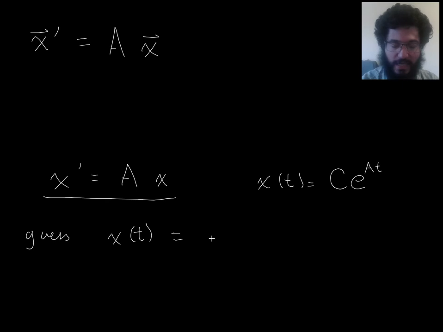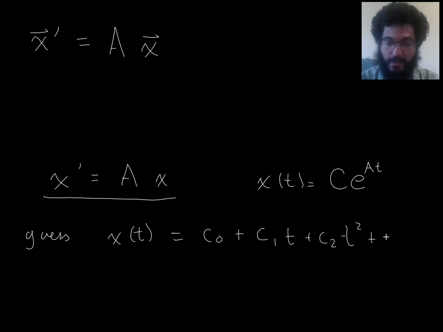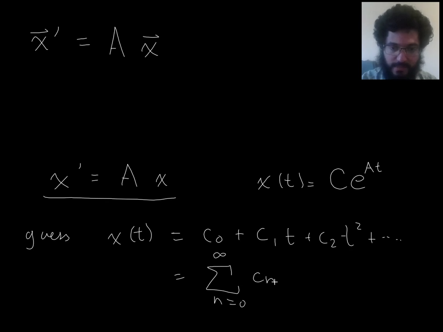So guess not x of t equals just c0, nor just c0 plus c1 t, nor just c0 plus c1 t plus c2 t squared, but forever as a series: the sum of Cn t to the n.